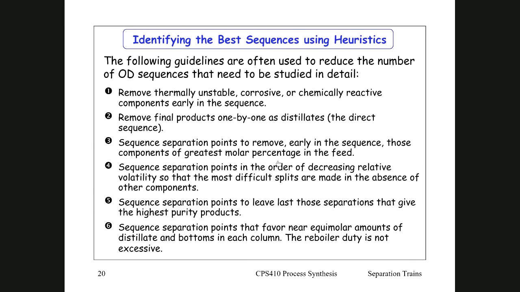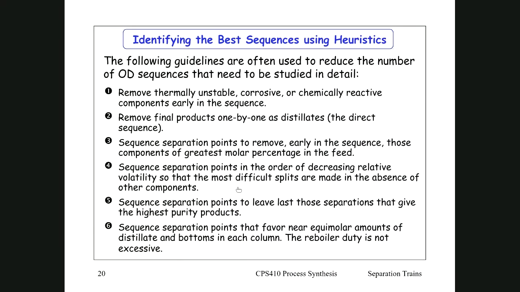So that is as quickly as possible. Right, and then this one is probably the first thing you think of if heuristic 1 is not applicable, and in many cases it's not. This is the first one you'd be looking at. Sequence separation points in the order of decreasing relative volatility, so that the most difficult splits are made in the absence of other components.